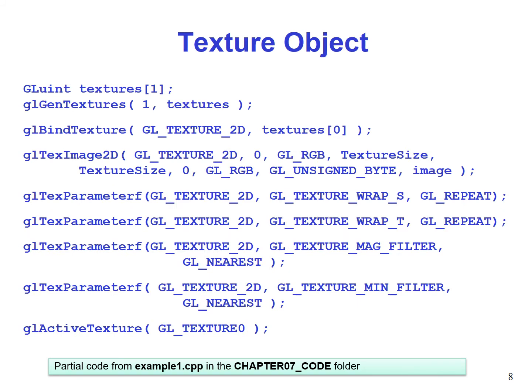Now this is the sequence in which texture mapping is performed. We first define an identifier for the texture objects.